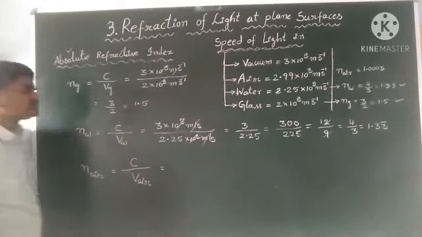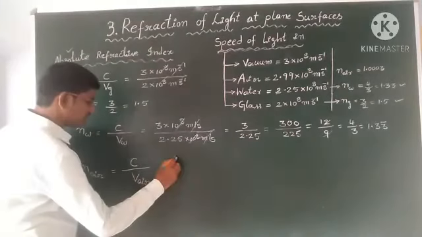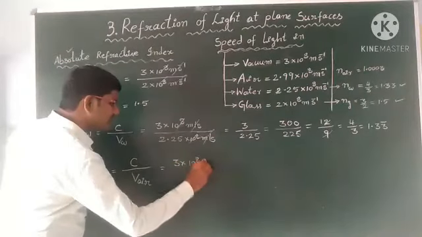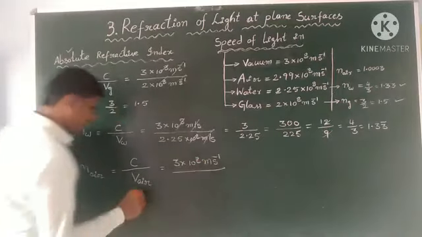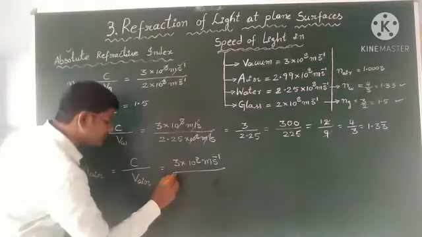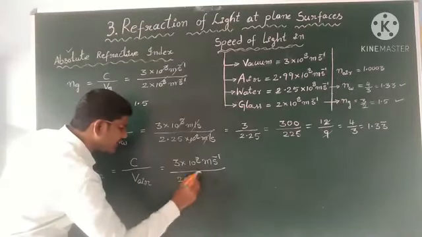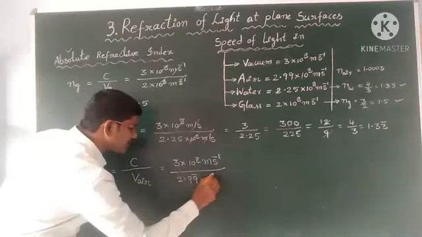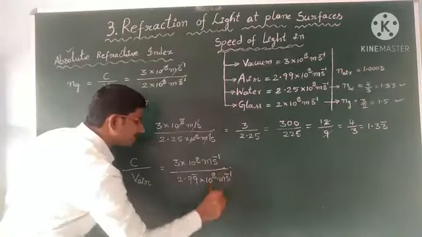The speed of light in vacuum is 3 × 10^8 m s^-1, and the velocity of light in air medium is 2.99 recurring × 10^8 m s^-1.